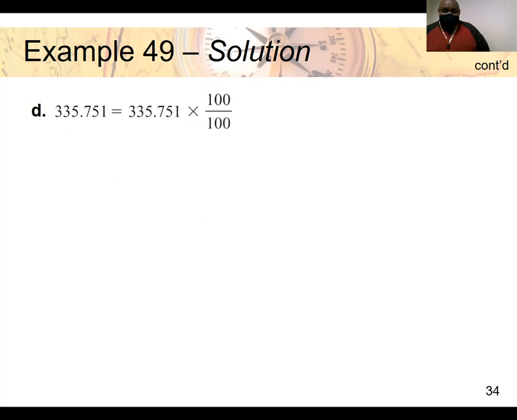All right, part D. This is the same thing here. You could do the same thing with 335.751. Just take that decimal point and move it over 2 places to the right. So it'll be between the 5 and the 1.